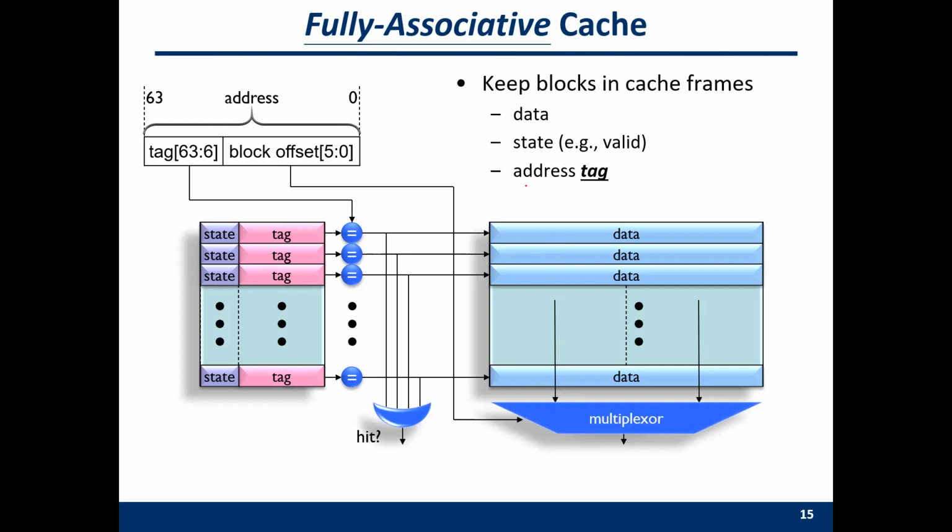Each time, in order to find your data, where the tag is your data address, because your data can be stored in any frame in this cache, I need to compare all the tags against the address of the data you are looking for. If I get a hit here, then you can have your data. Otherwise, you have a miss.